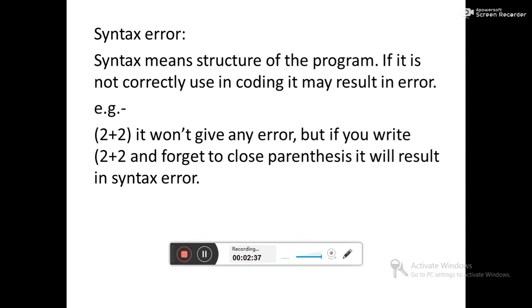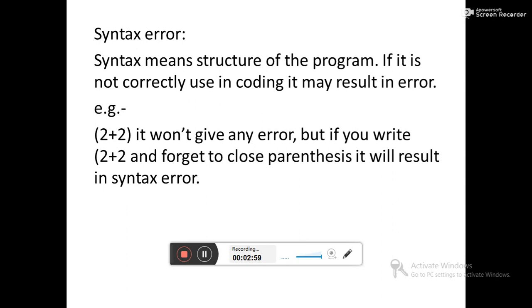Now see here an example. Suppose we type 2 plus 2 and enclose them within parentheses. This statement is mathematically correct, so it will not give any kind of error. But if you write 2 plus 2, and the right parenthesis is not used there.